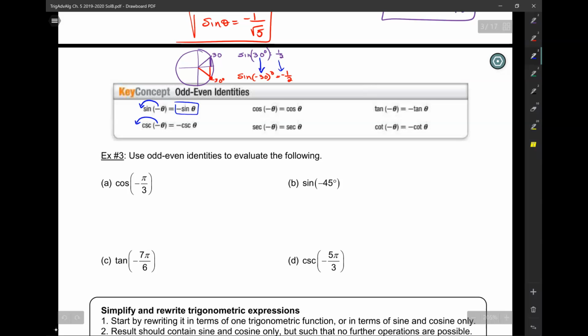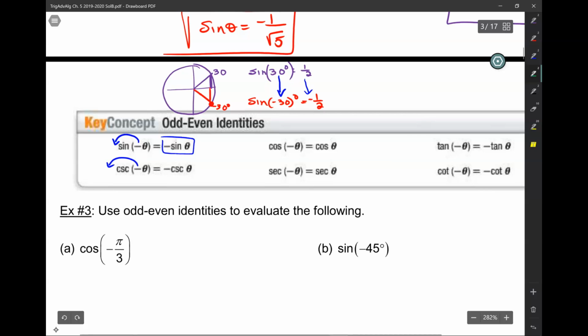Now, in this diagram up here where I have my 30 degrees, in green, if the vertical is the sine, which leg of the triangle is the cosine? The horizontal is the cosine, right? So this is the cosine of 30 degrees, and the cosine of 30 degrees is root 3 over 2.